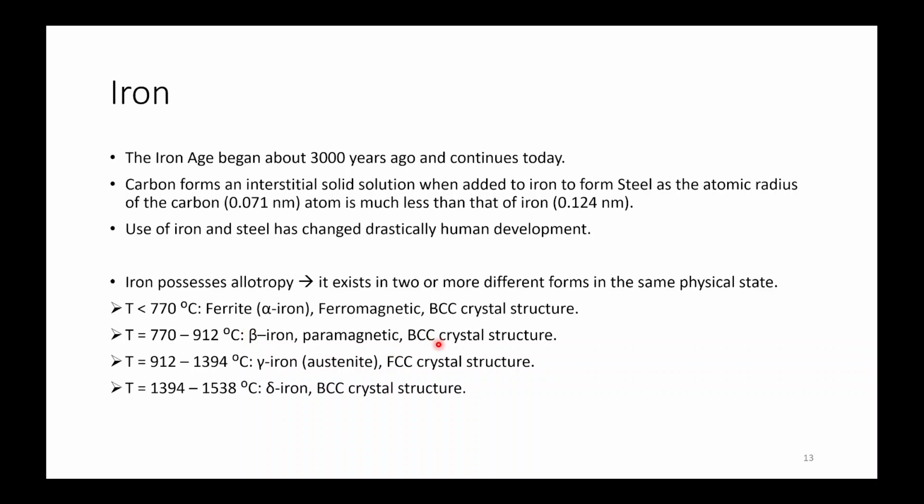It will have BCC crystal structure, and this crystal structure will change above 912 up to 1394 degrees C. It will be FCC crystal structure. Then again it will turn into BCC crystal structure, which will be delta iron, and at this temperature it will finally melt. So this BCC and that BCC are also different because these will have different lattice parameters.